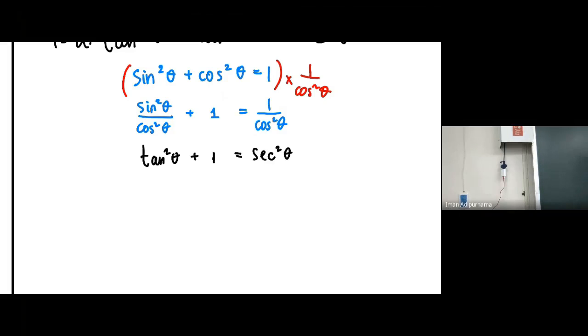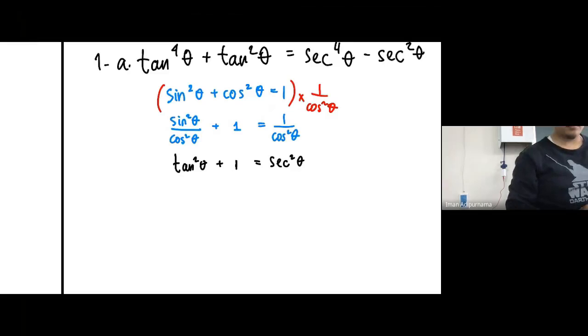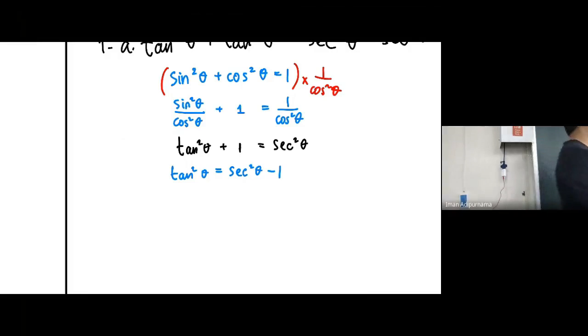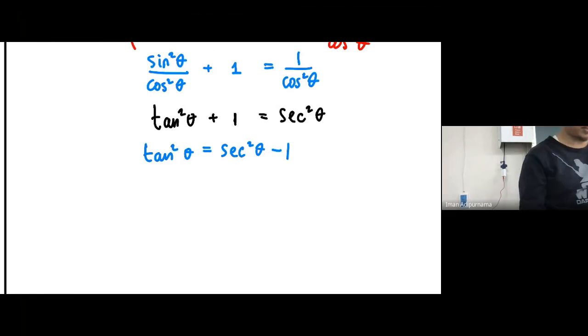Now for verifying the questions, we can use this identity. You can use the tangent or you can use the secant to change. Let me write tangent squared theta is secant squared theta minus 1. Let's just square both sides.